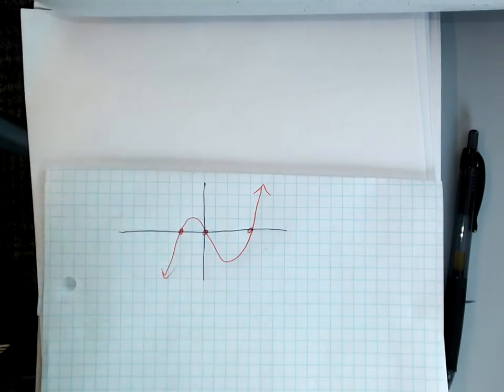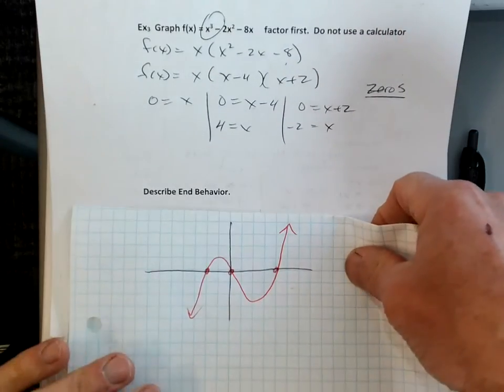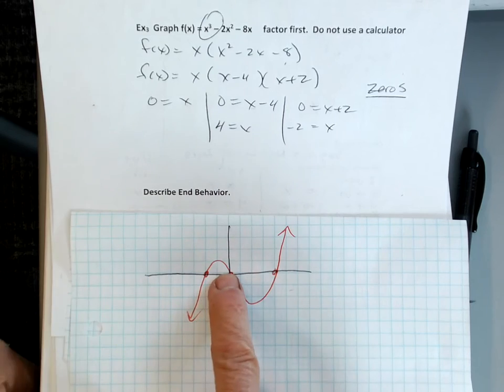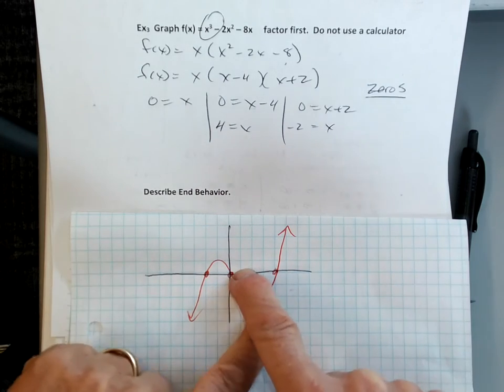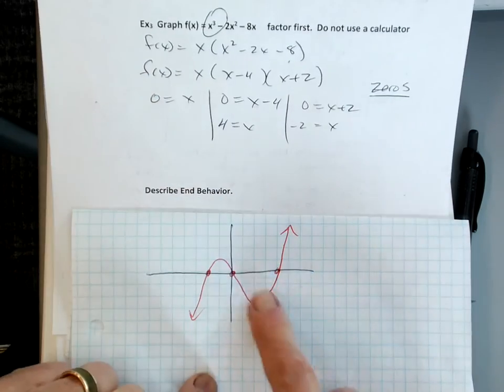Okay, there it is. Now, the last thing I want to do is describe the end behavior. Here's how the end behavior works. As my x values are going over to infinity, this y value is going to infinity. Does that make sense? Watch my two fingers.